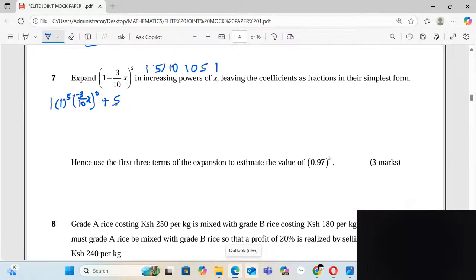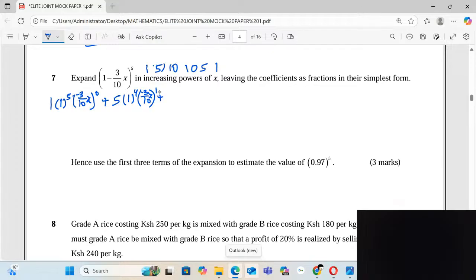Then we add 5, multiplied by 1 to the power 4, then negative 3 over 10 x, where we increase the power of x to 1.